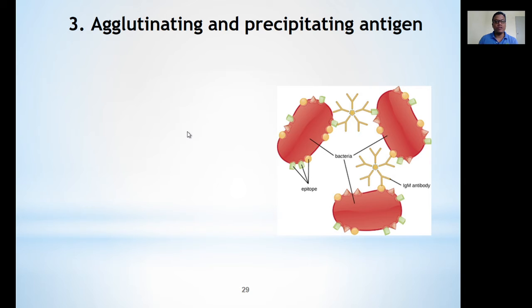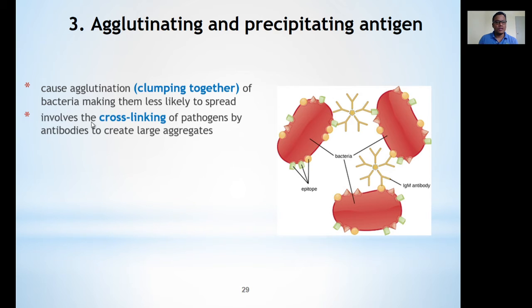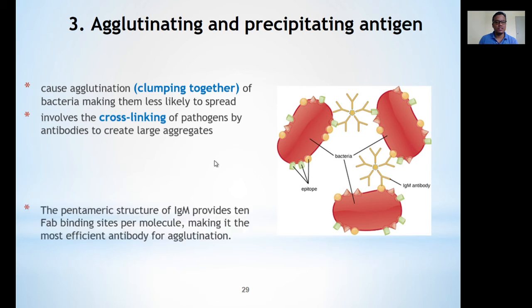Third, we have agglutinating and precipitating antigen, which causes agglutination, or clumping together, of bacteria, making them less likely to spread by limiting their movement. This involves cross-linking. Cross-linking means the attachment between two or more pathogens by antibodies to create large aggregates.